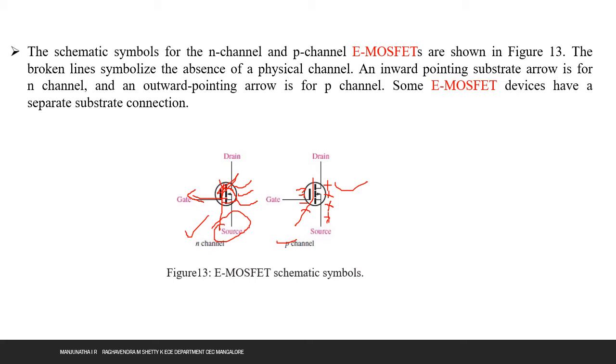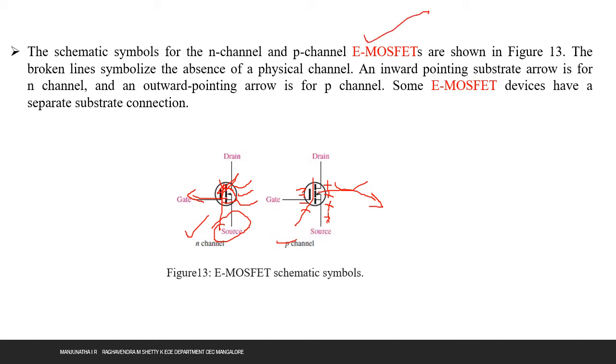And for the outward pointing arrow, here the arrow is outwards. This indicates the schematic symbol of P channel enhancement mode. This is the difference between P channel operation and N channel operation inside the E MOSFET.